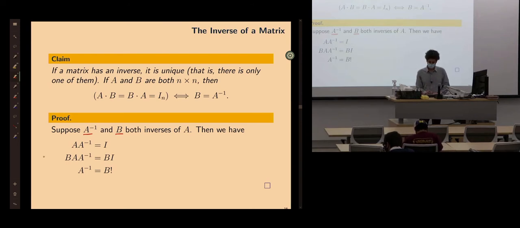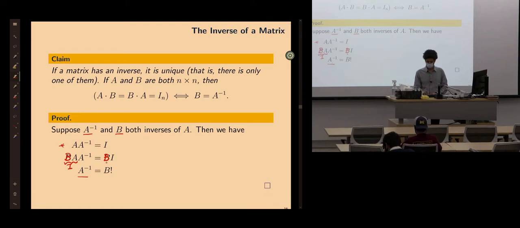Now, from the fact that A times A inverse must be the identity matrix, I can start from here. Then I multiply both sides by B. I'm allowed to do that because that must be defined. B is just another inverse of A. Now, by the very fact that B is an inverse of A, B times A must be the identity, right? And identity times A inverse should give me A inverse again.